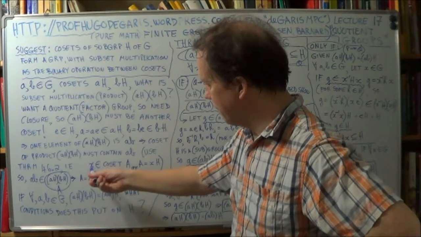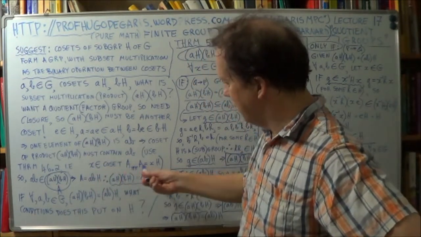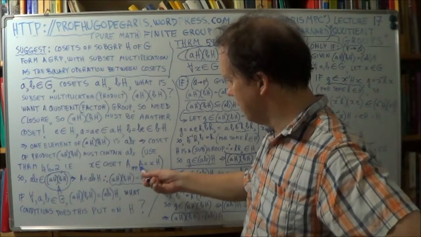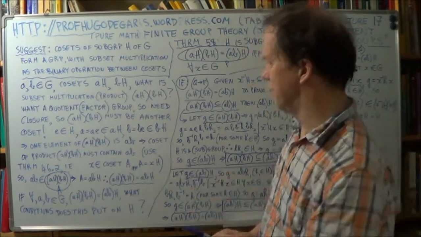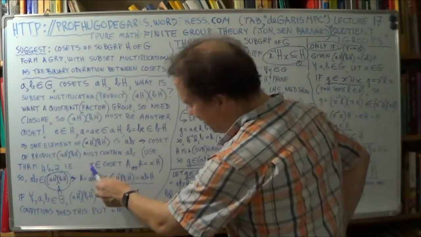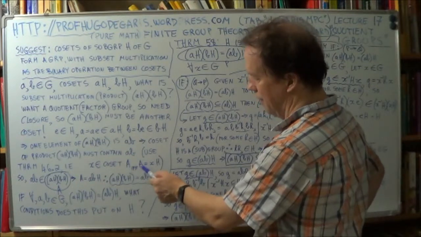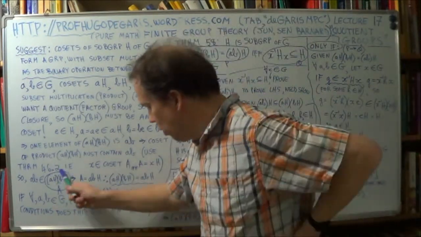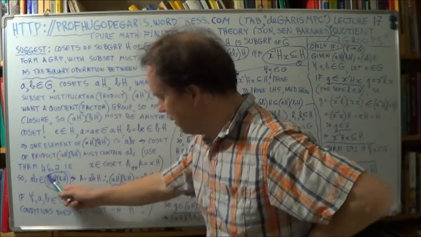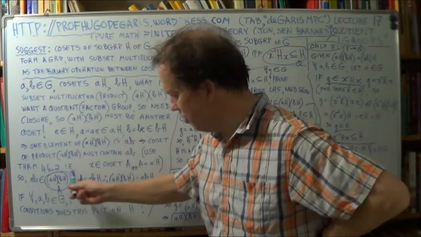So ab belongs to A. Therefore, this coset is abH, right? If x belongs to coset A if and only if A equals xH. Let's translate it here. Call this A, that's our coset A, the resulting coset after multiplying these two cosets.